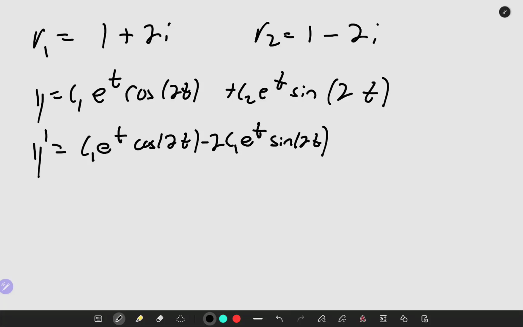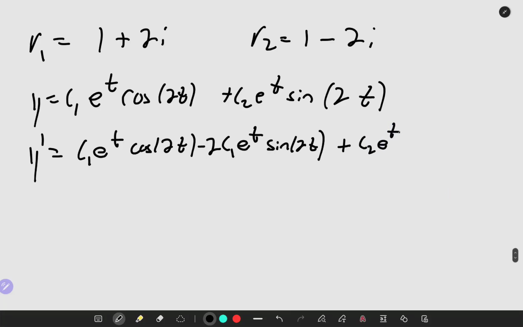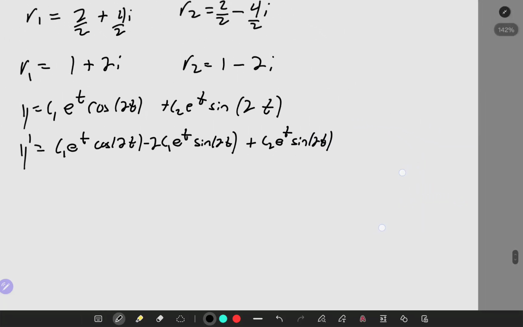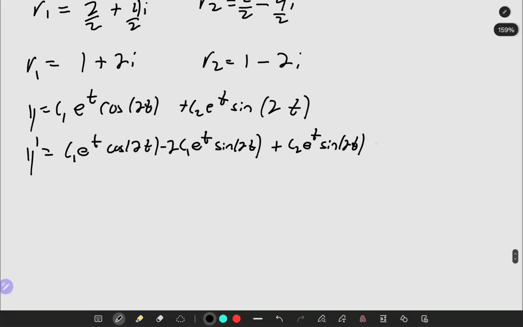So then we have plus second times the derivative of the first is just c2 e to the t sine of 2t, running out of space, plus c2 e to the t plus 2c2 e to the t cosine of 2t, right? So this is a little long.